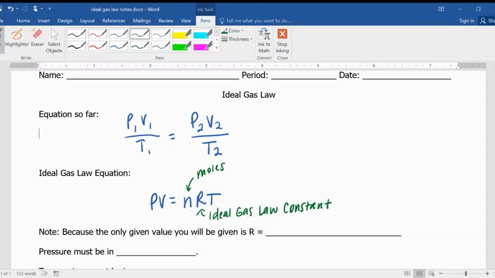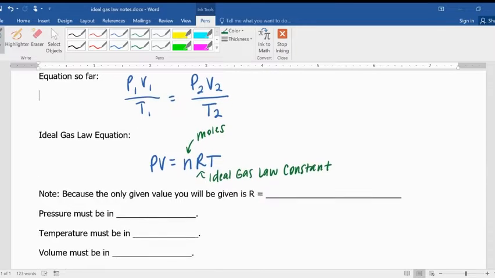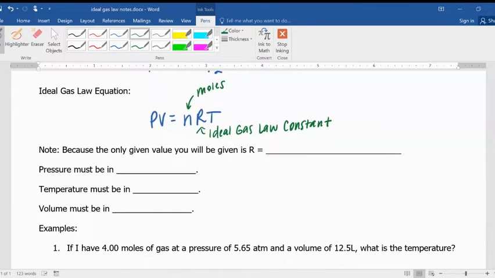So what is this ideal gas law constant? Well, this ideal gas law constant is R, and it depends on the units of pressure, but we are always going to be using R equals 0.08206. And whenever we use this value of R, our pressure must be in atmospheres.